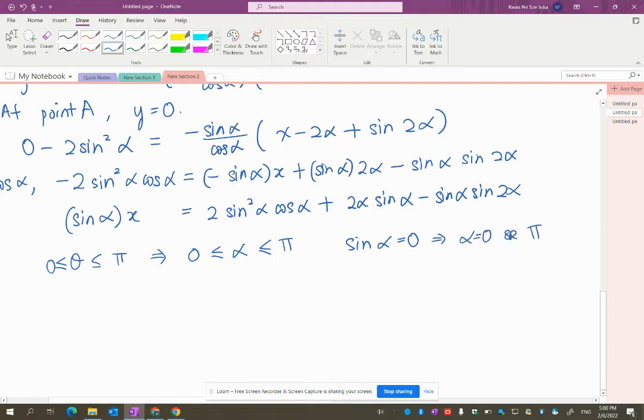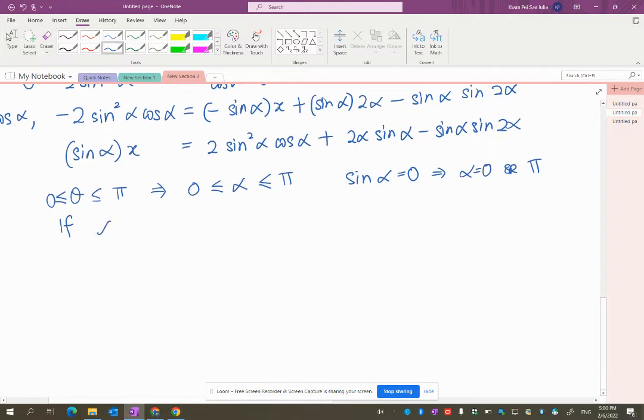So when alpha equals 0 or pi, let's see what happens. We realize that tangent alpha is 0, because tangent alpha is sine alpha over cosine alpha. So what is the implication of tangent alpha equals 0?